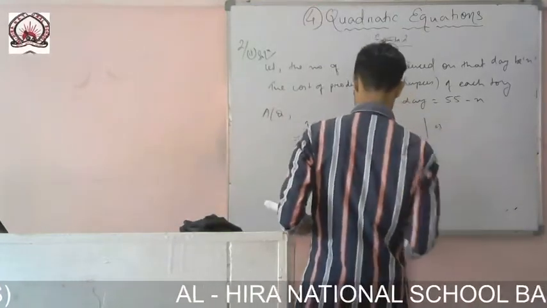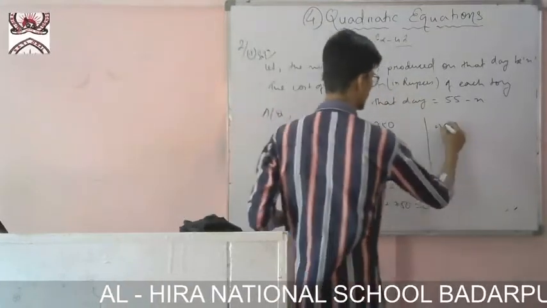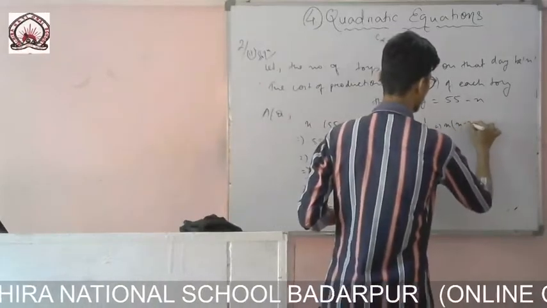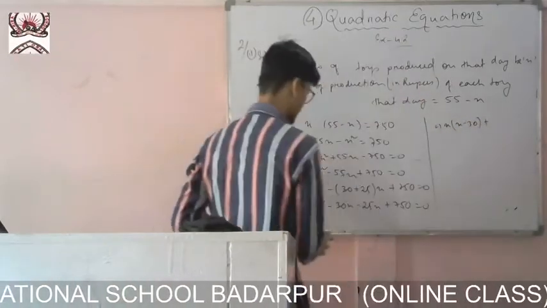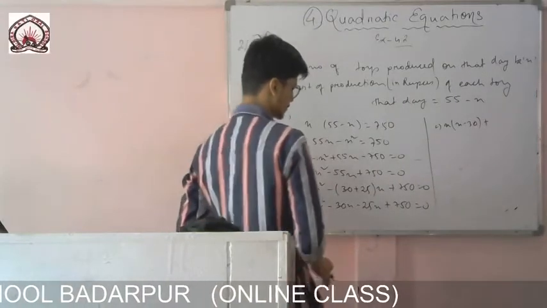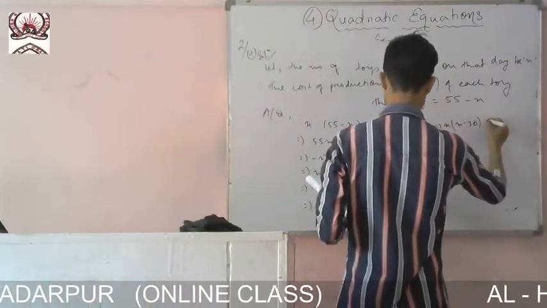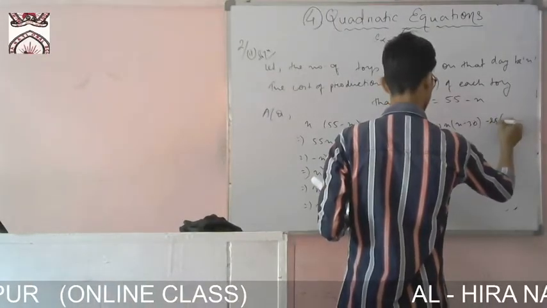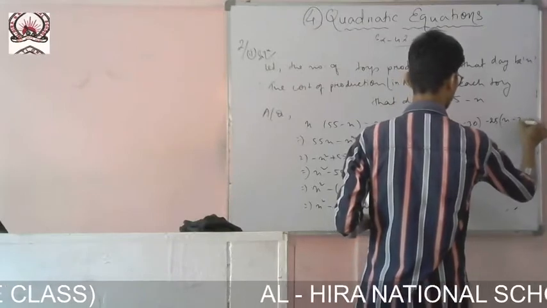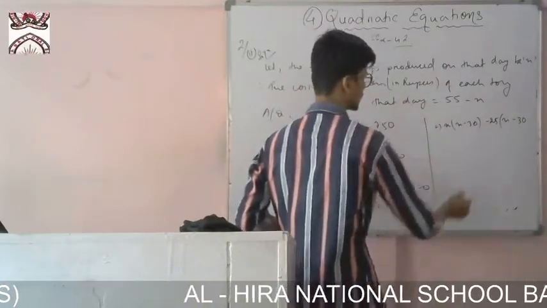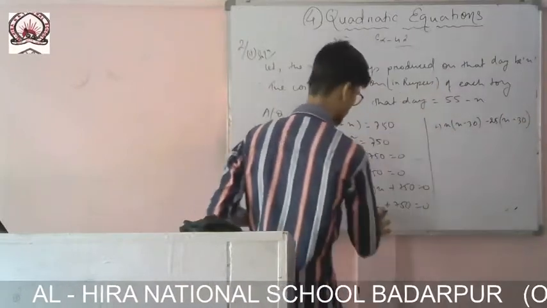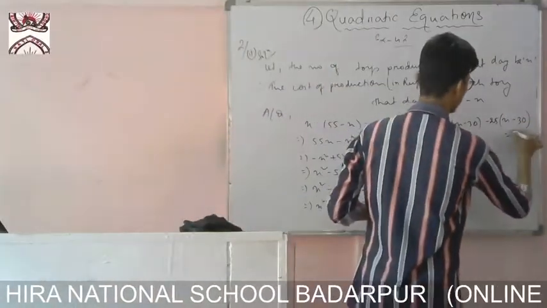Taking x common, we have x minus 30, and then taking minus 25 common, we are left with x minus 30, since 25 thirties are 750 and minus times minus becomes plus, which equals 0.